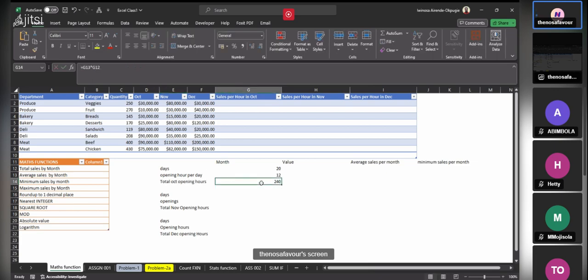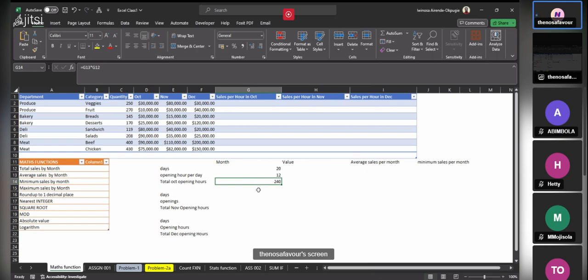That will mean for us to get the total number of hours we opened in the month of October, hours per day times the number of days that we opened in October. That's how we are getting 240. So this is what you use in solving for sales per hour in October, because in October we open for 240 hours.